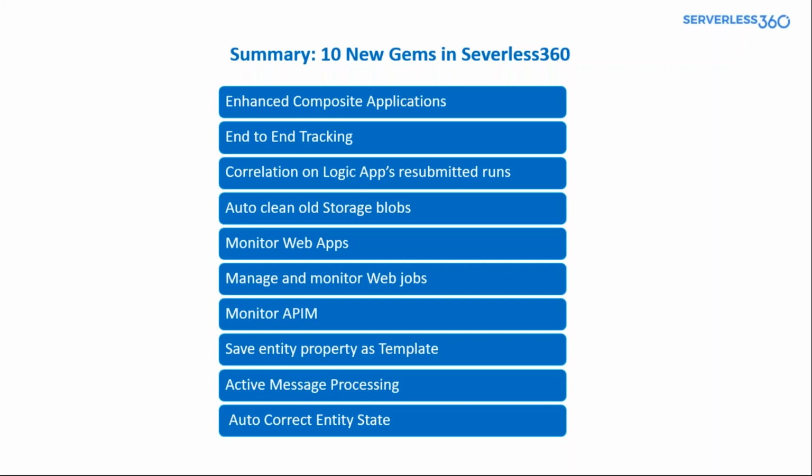We have automated activities that can clean the old storage blobs by their created and modified days time. You can monitor web apps for their state and on various perspectives like HTTP errors, CPU utilization or response time. You can manage and monitor web jobs, modify the state of multiple of your triggered or continuous web jobs with the help of Serverless360.